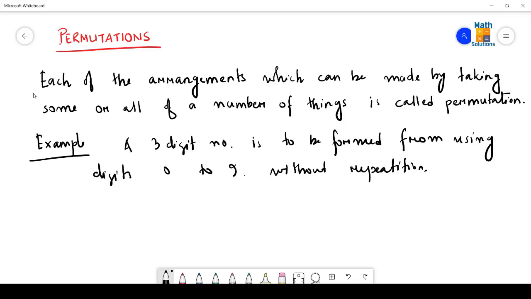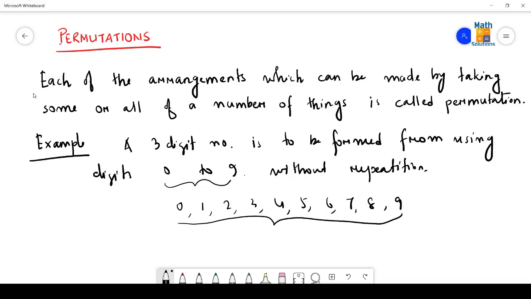So here in this case, the total number of digits given is 0 to 9. That means 0, 1, 2, 3, 4, 5, 6, 7, 8 and 9. So in total, how many digits do we have here? In total, there are 10 digits.